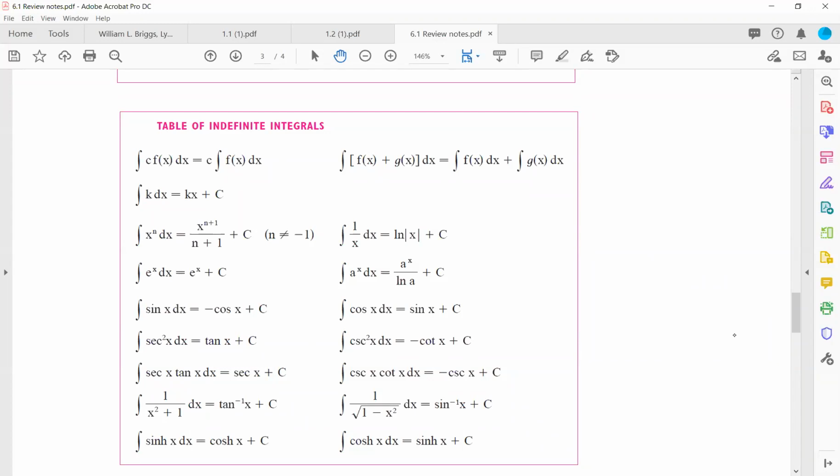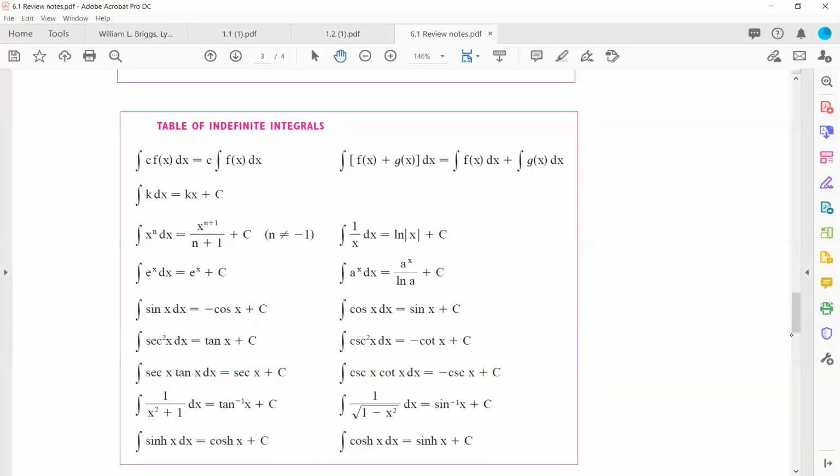When you're taking the integral of the sum of two functions, it is equivalent to taking the integral of each of them separately and adding the outcomes. The integral of x to the n dx, note that n is not equal to negative 1. It means that we're not working with the integral of 1 over x. It's not this case.